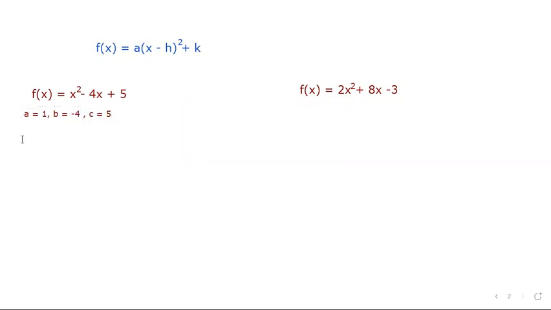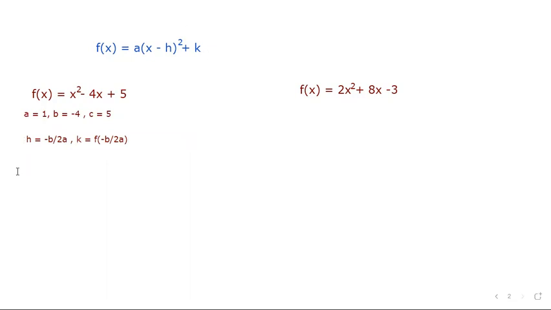Now there's a formula that your instructor probably told you already: h is equal to -b over 2a, negative b divided by 2a, and k is equal to f of -b divided by 2a. This tells us a lot and helps us to unlock this problem.